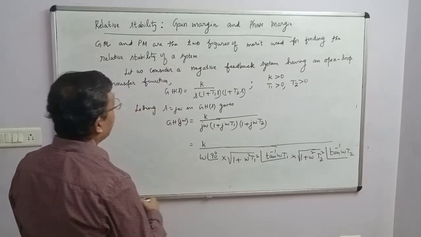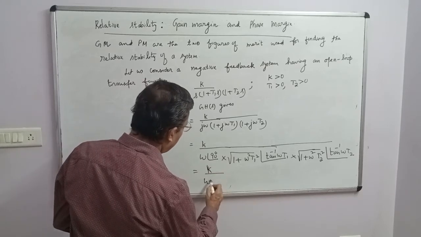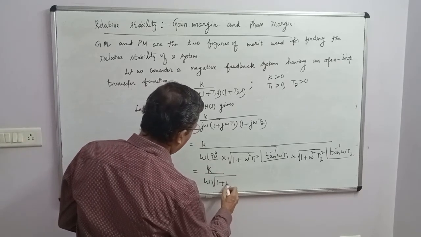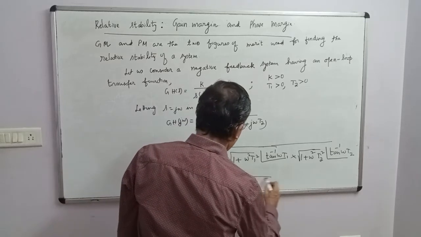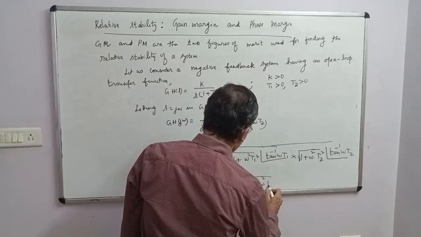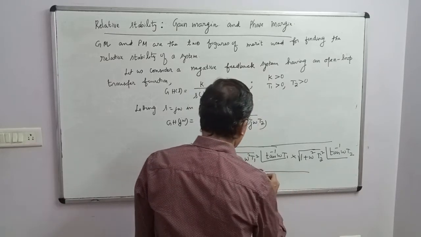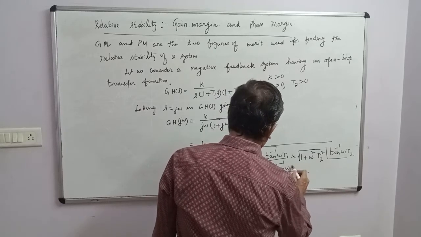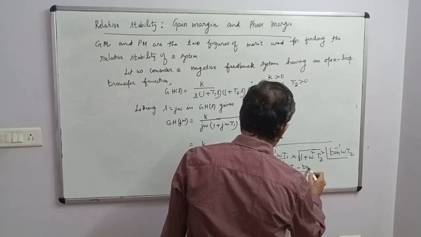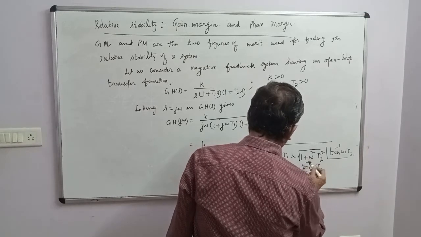This we can further write as K divided by omega into square root of 1 plus omega square T1 square into square root of 1 plus omega square T2 square, at an angle minus 90 degrees minus tan inverse of omega T1 minus tan inverse of omega T2.